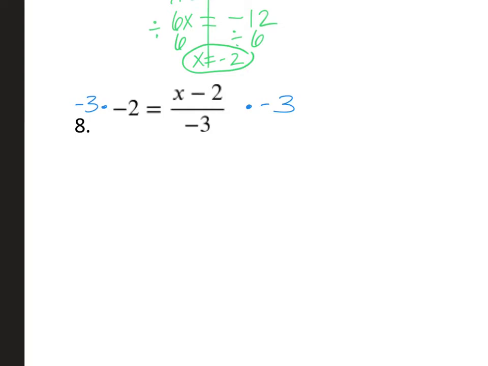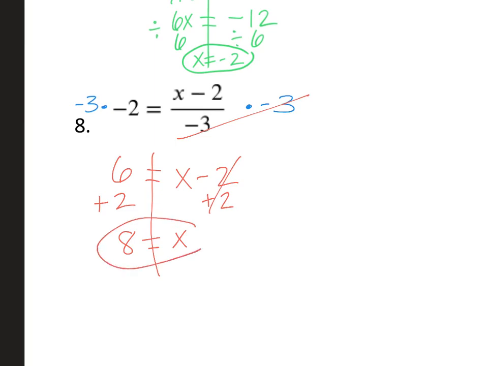When we do that on the right-hand side, dividing by negative 3 and multiplying by negative 3 cancels out, so we're just going to write our numerator. And then negative 3 times negative 2 is going to give me positive 6. My variable is on the right-hand side. I need to get rid of my constant, so I'm going to add 2 to both sides, and I get positive 8 for my answer.